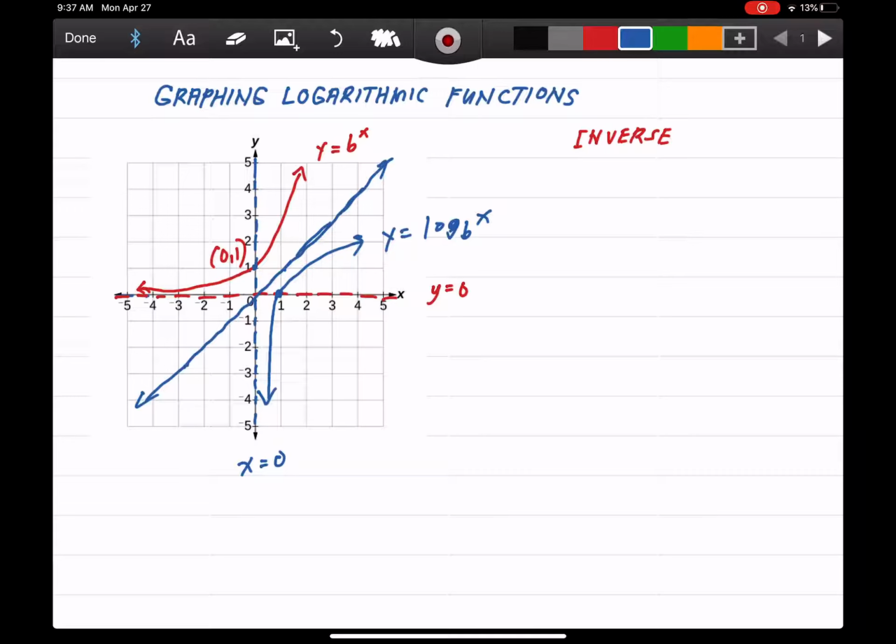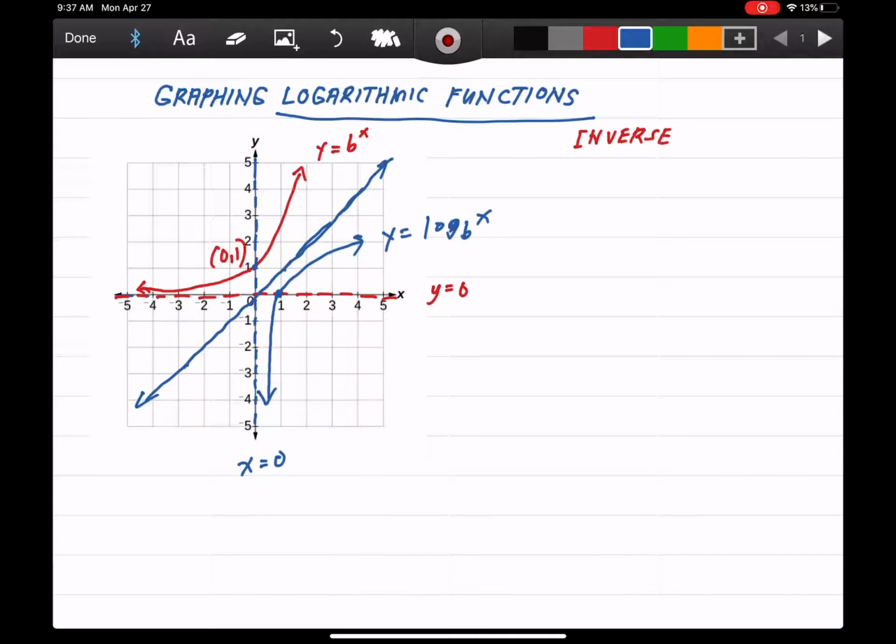Just remember that when we're dealing with the logarithmic function, we look into the vertical asymptote, not the horizontal asymptote. And there's an intercept, and that's on the x-axis, not on the y.